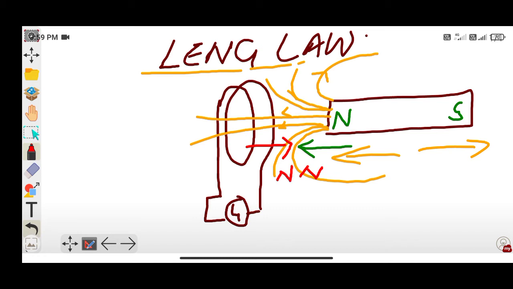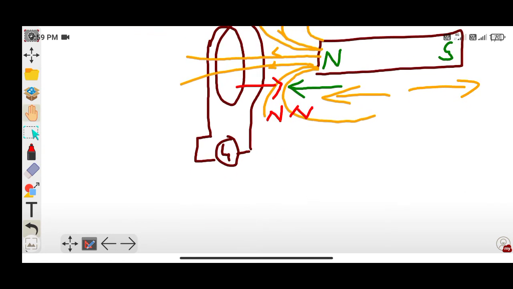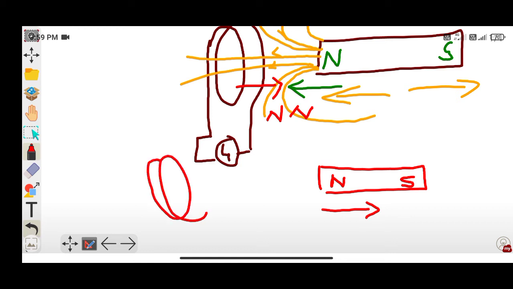Now say, for example, in the second case, this magnet is moving away. This is again the north and south magnet, but this time it is moving away from the coil. The coil is again here.